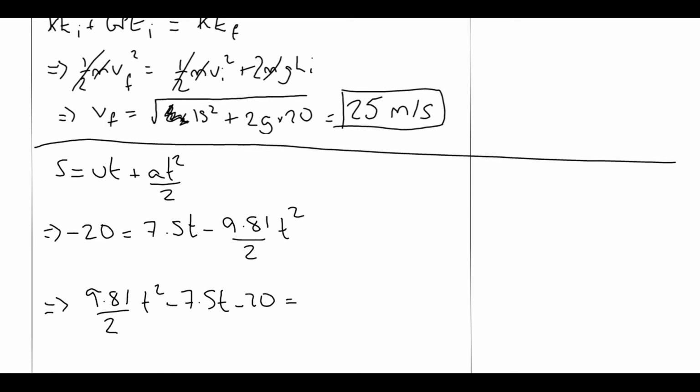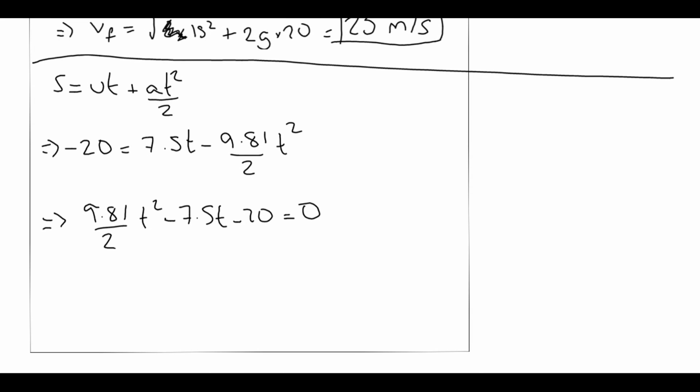We can solve that using the quadratic formula. But let's multiply through by 2 first of all to get a nicer expression. So 9.81 t squared minus 15t minus 40 is equal to 0.